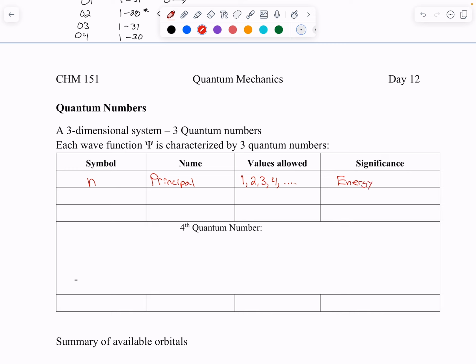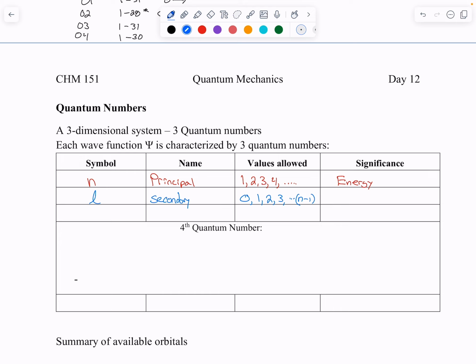The next one, we'll use the symbol L, and that's the secondary quantum number. Its value starts at 0, 1, 2, 3, all the way to whatever n minus 1 is. So there's our allowed value. If n is 1, L can only be 0.